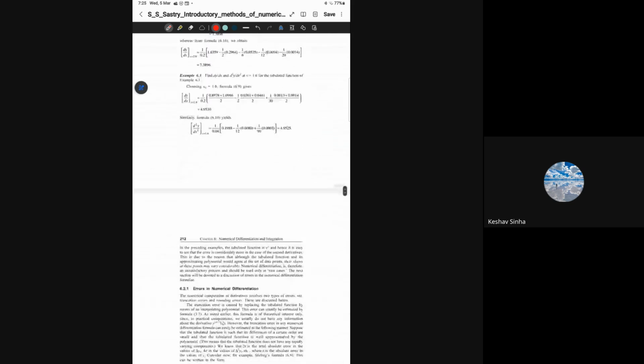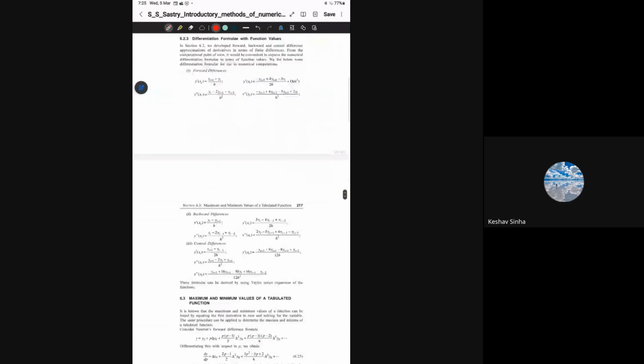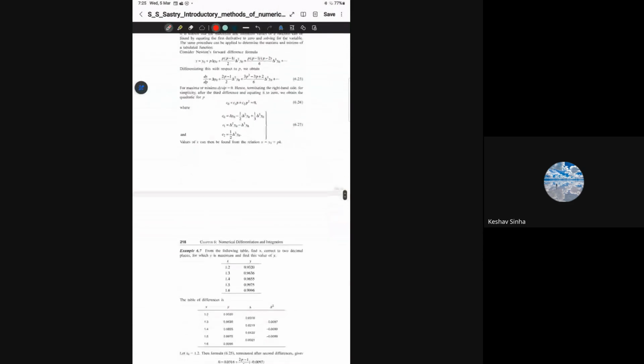Newton's backward, this formula at x equal to xn. So there are various other methods, but Newton's forward difference and backward difference, these methods are quite popular.